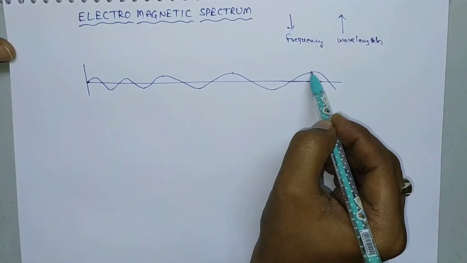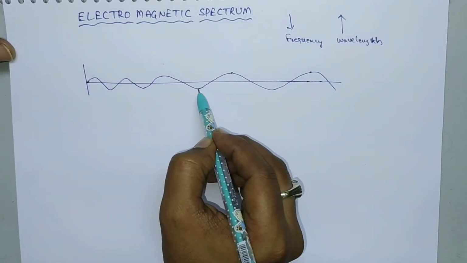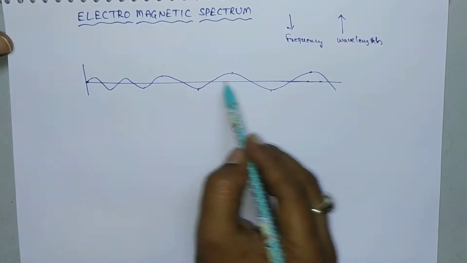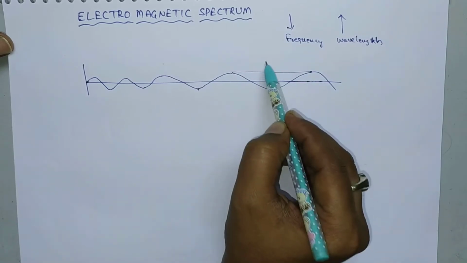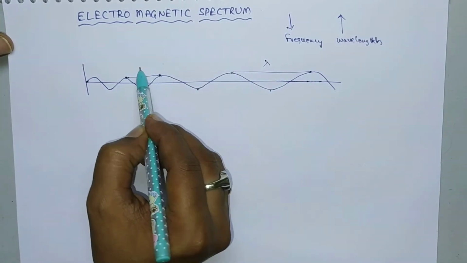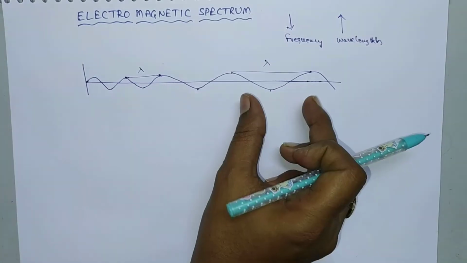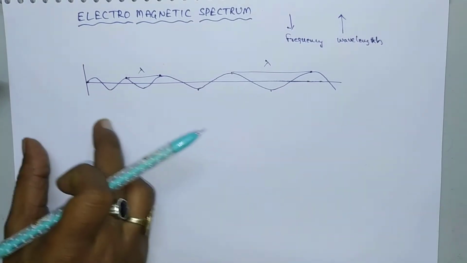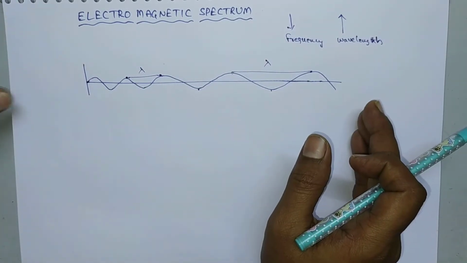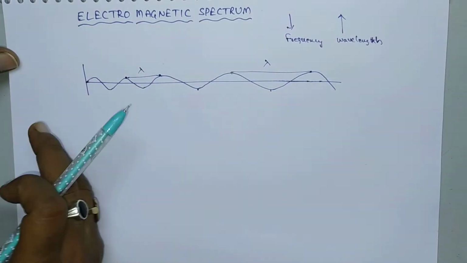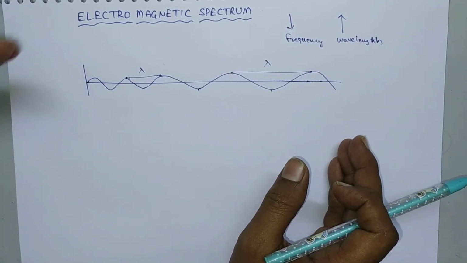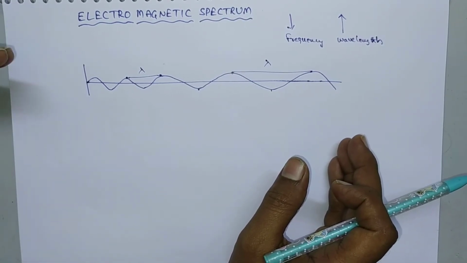As we move towards the right hand side, the wavelength goes on increasing. This is a small wavelength, this is a large wavelength. In this order, if we arrange all the electromagnetic radiations, that arrangement is the electromagnetic spectrum.